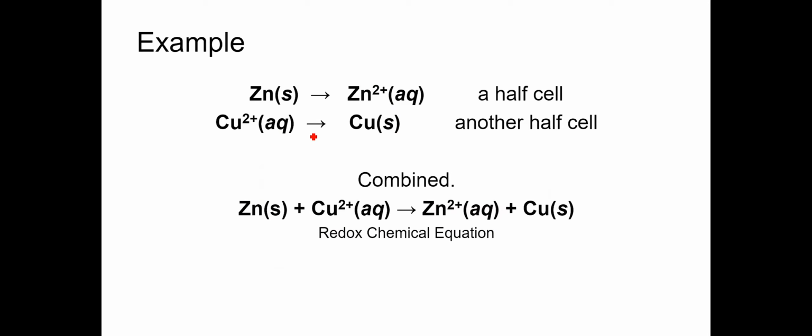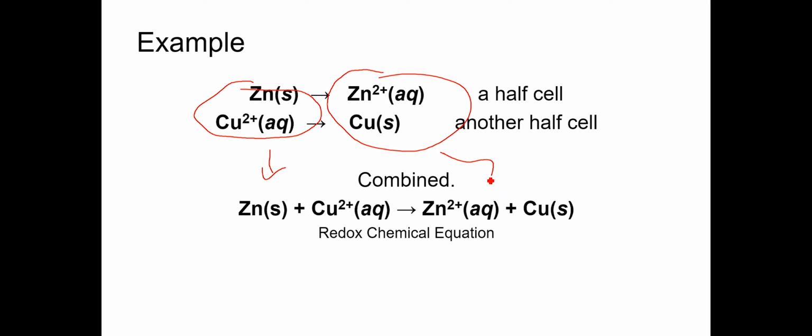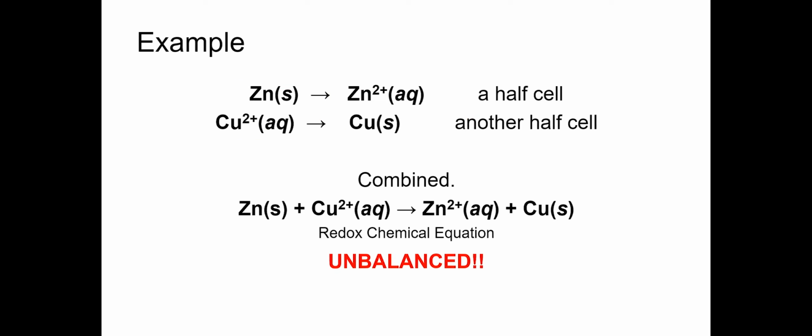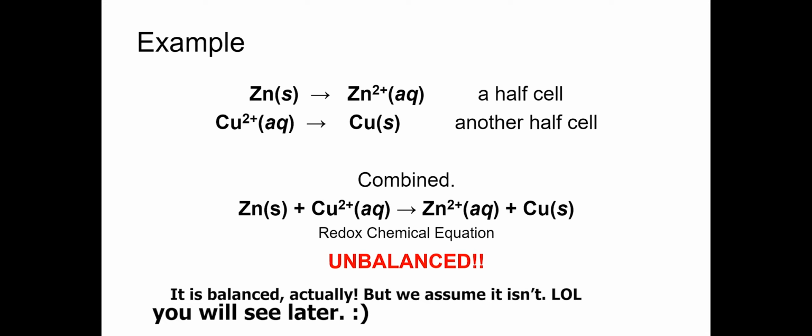These half cells can also be combined into one chemical equation called the redox. This is a combined redox chemical equation. So, ang ginawa lang dyan ay pinagsama lang yung mga species na present sa reactants, which is ito rin, at pinagsama lang din yung mga species sa products, at ito naman siya. Kaya nga lang, the equation here is not yet fully balanced.